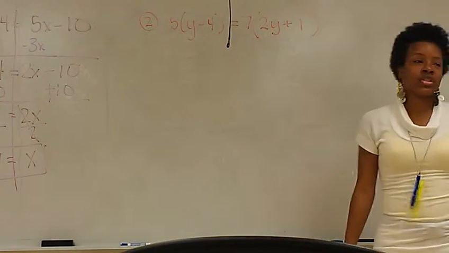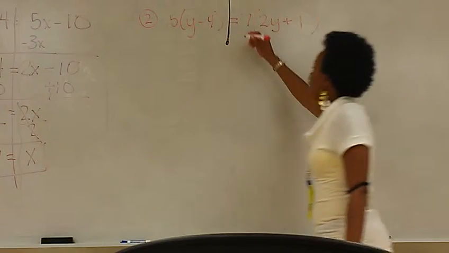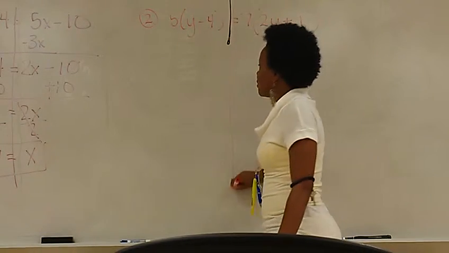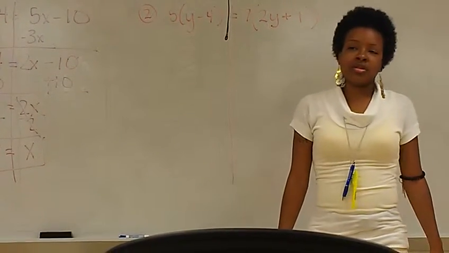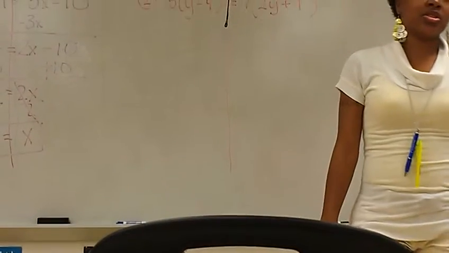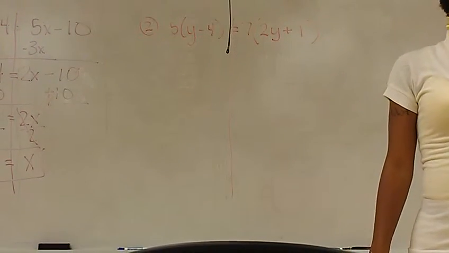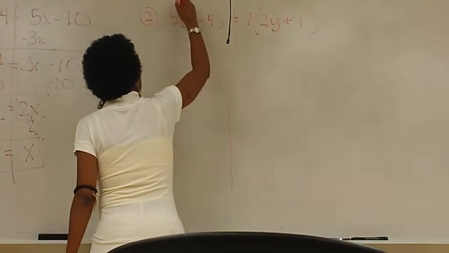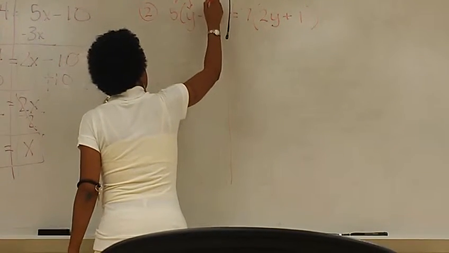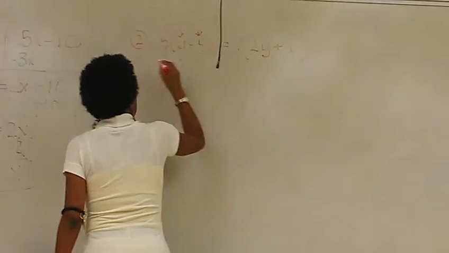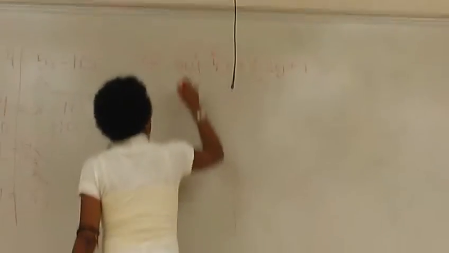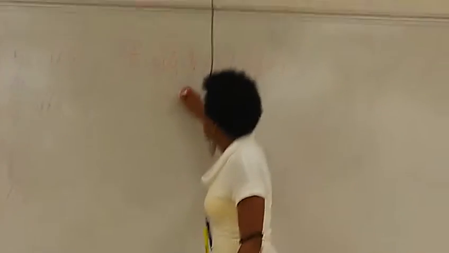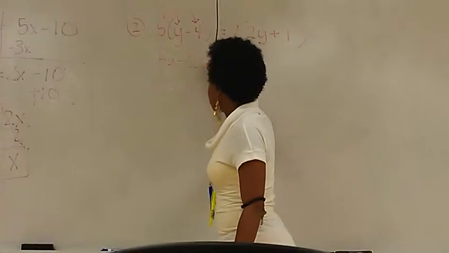What is my first step? Tanisha. Good. Distribute the 5 inside the parentheses. And you get 5 times y equals 5y. 5 times minus 4 is minus 20.